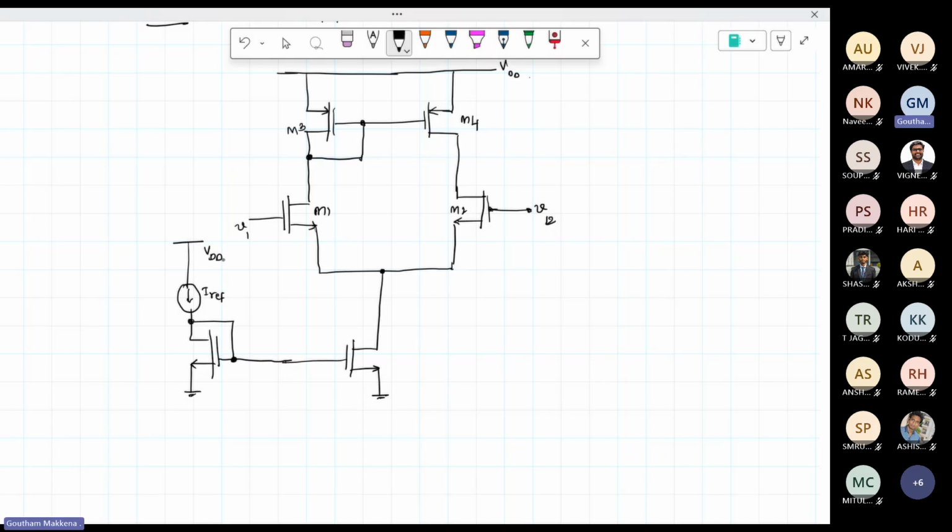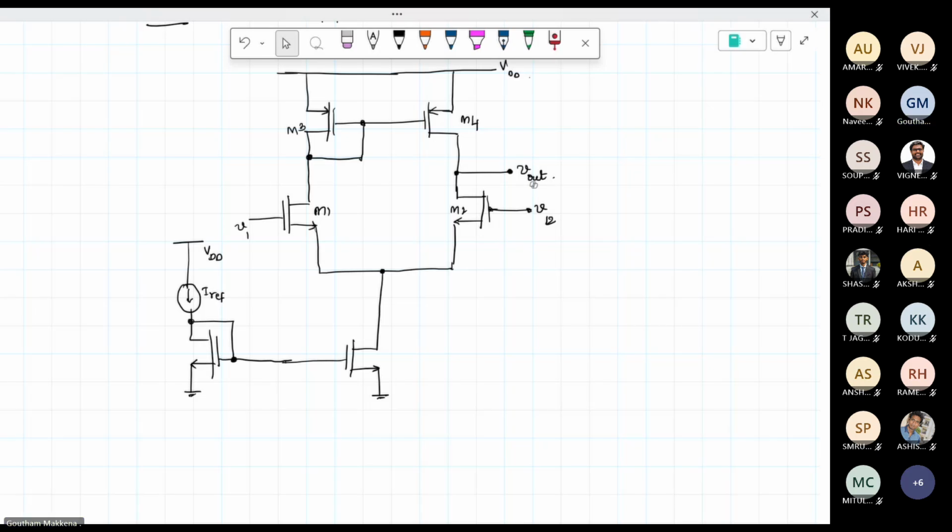Yeah, so this is the circuit that we are trying to size. And let this be V out.